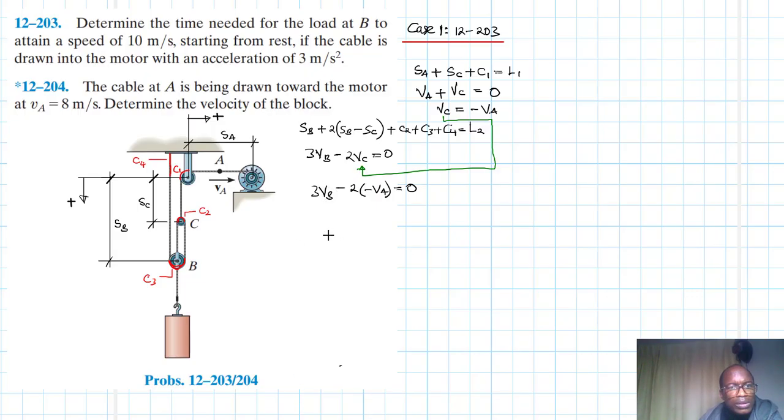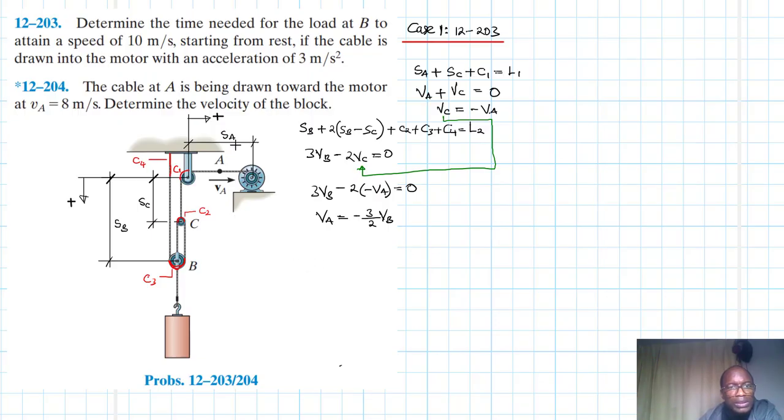Therefore our VA is just going to be equal to minus 3 over 2 VB, and then this can be written in terms of acceleration, or we leave it the way it is.